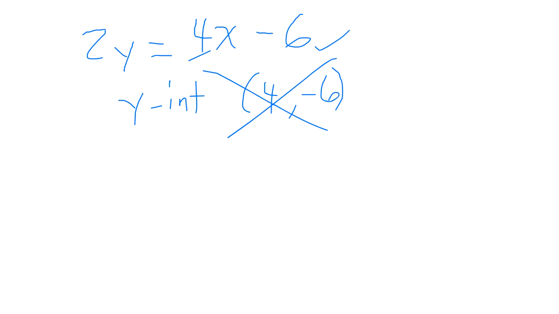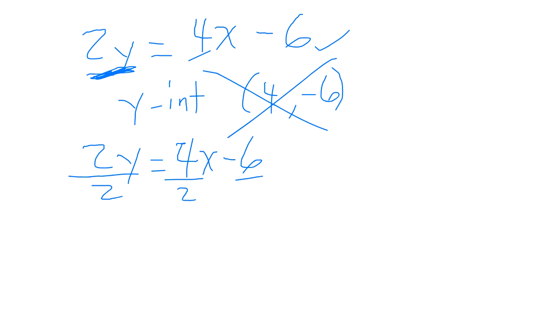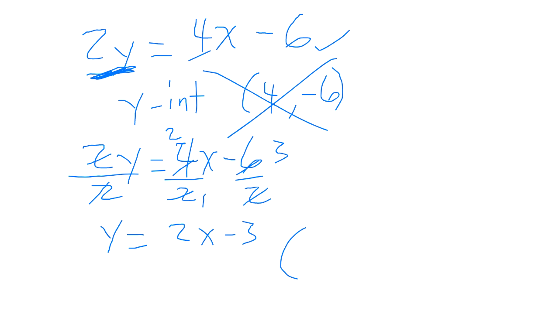Why? Because you have to get y here, not 2y. So I have 4x minus 6, and I divide through by 2 for all of them. This cancels that, so I have y equals 2x minus 3. The y must stand alone. So therefore the y-intercept is there. That is one important thing you have to know.